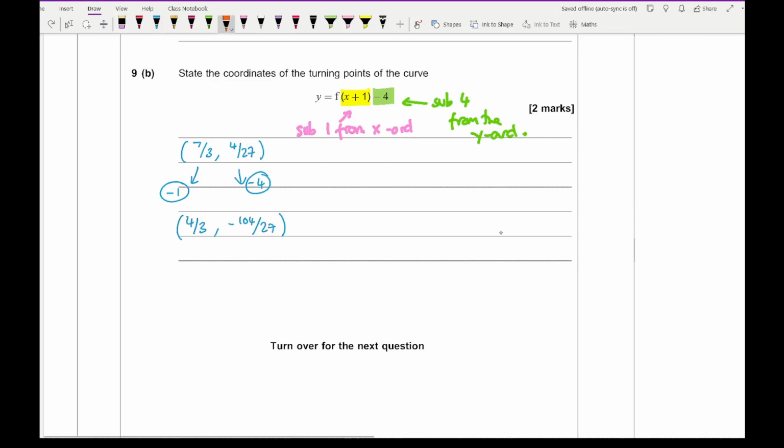And with my other turning point I've got 3, 0. If I take away 1 and take away 4 from those coordinates, I end up with a new turning point of 2, minus 4.